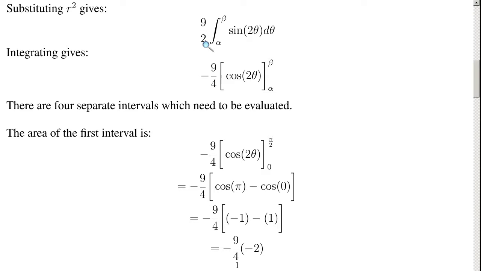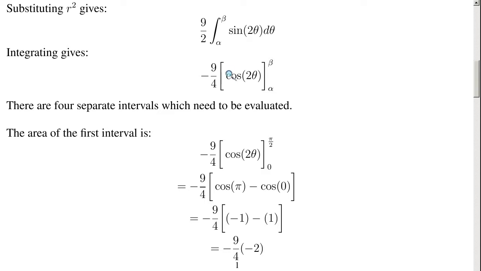Integrating gives the integral of sine 2 theta d theta is negative cos 2 theta, but since we took an integral, we have to divide by the derivative of the inside of the bracket. The derivative of 2 theta is just 2, so we have to divide by 2. So sine 2 theta becomes negative cos 2 theta divided by 2.